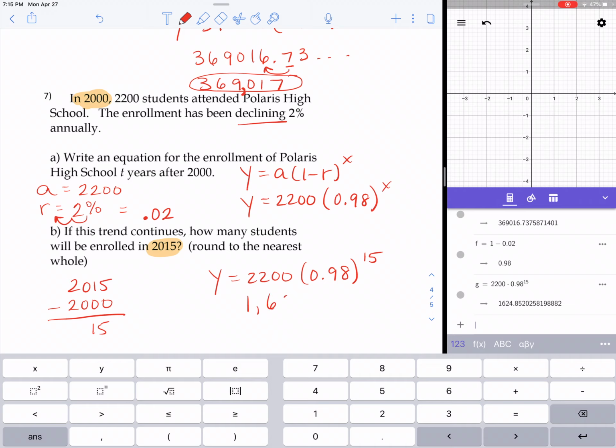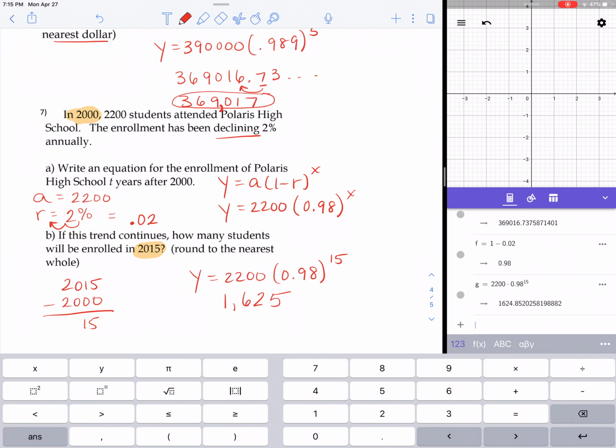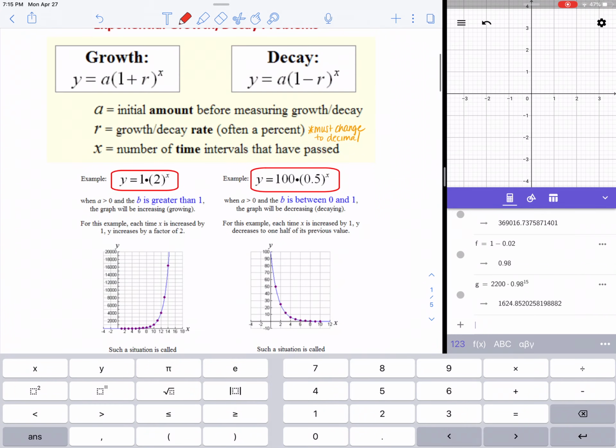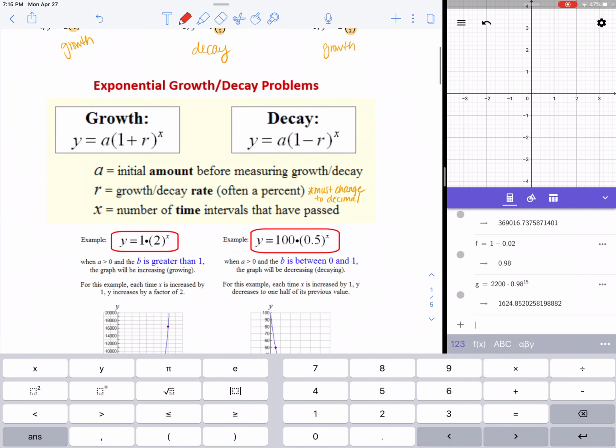So 1,620, the 4 is going to go up because of the 8 in the tens place. So it's 1,625. So make sure you convert the rate to a decimal before plugging it in. Use the correct formula, the one with the 1 plus r if it's growth, 1 minus r if it's decay, and plug in correctly and round.